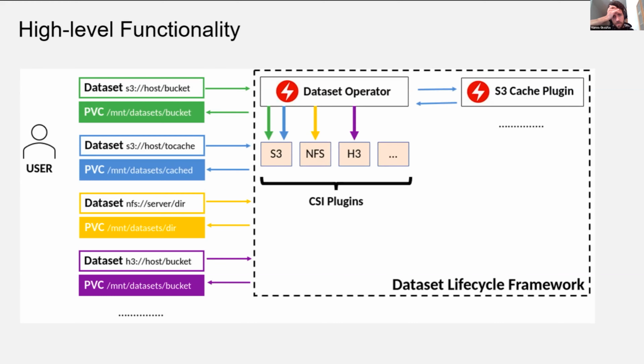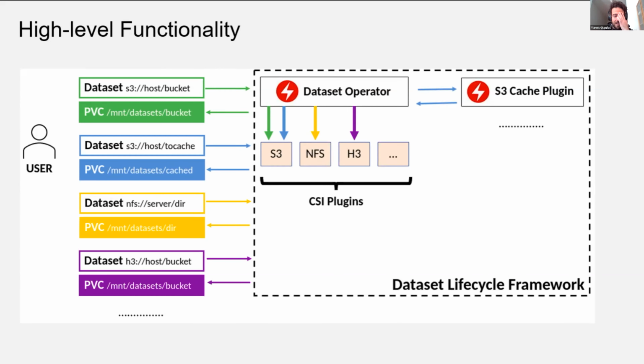For those who don't know, CSI plugins help you create a PVC out of a specific type of storage. We are hosting and maintaining some CSI plugins for S3, so cloud object store, and NFS. But again, we're looking to make it completely pluggable.